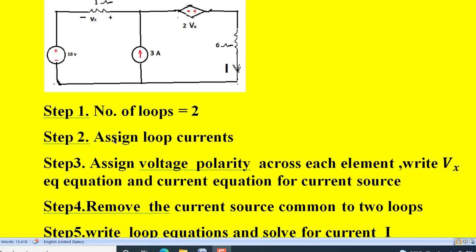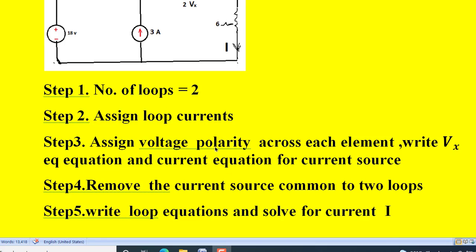The second step is assign the loop currents. The third step is assign the voltage polarity across each element and also write the Vx equation in terms of the loop current, and also write the current equation for the current source which is common to the two loops.